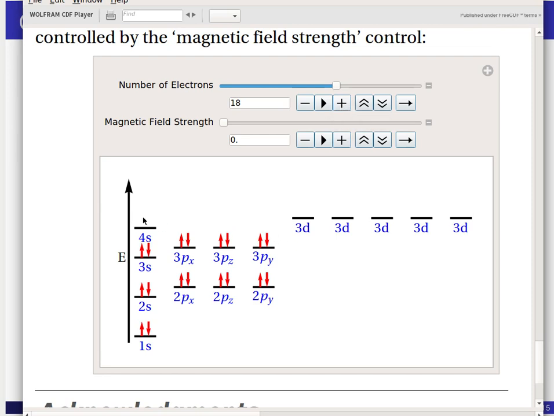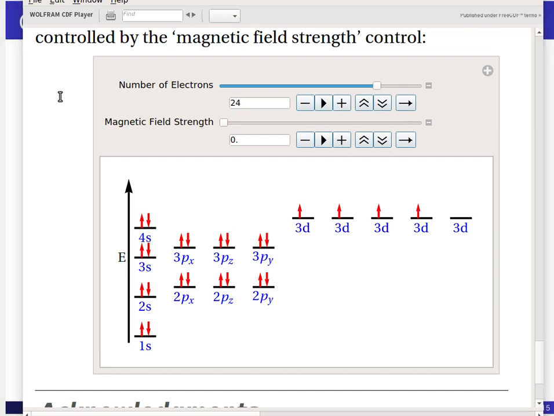Notice that this shifting in the relative orbital energies resulted in the 4s orbital actually having a lower energy than the 3d. So once we've filled up our 3s and 3p orbitals and we're putting in our 19th electron, that 19th electron is actually going to jump into a 4s orbital, as well as the 20th electron, before the electrons start going into d orbitals.